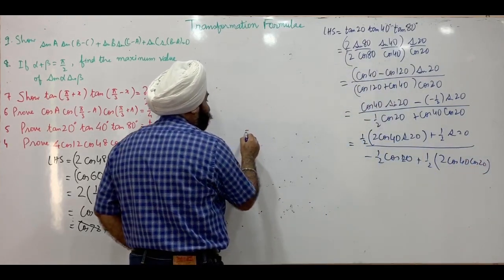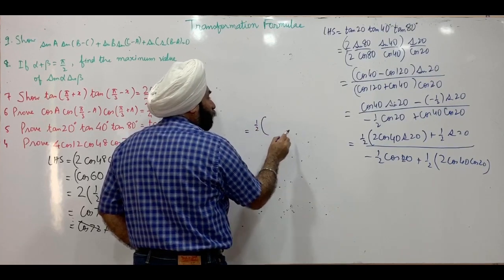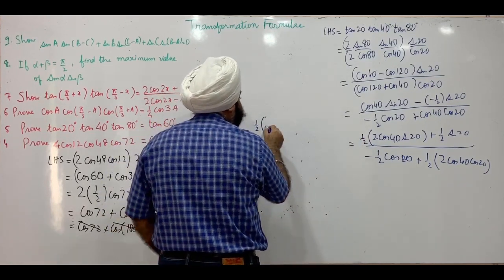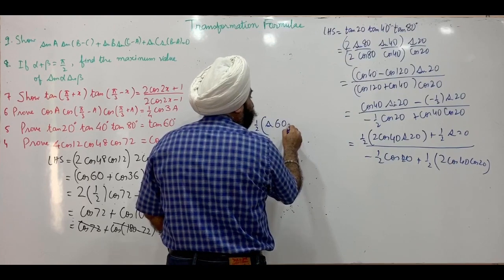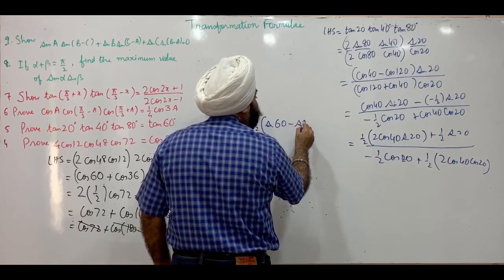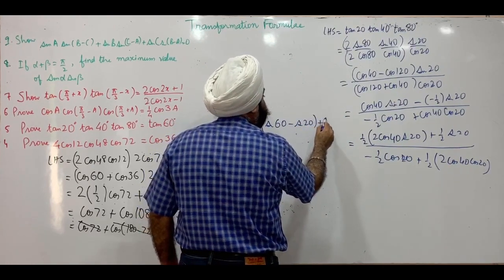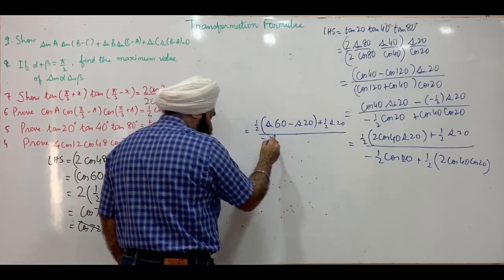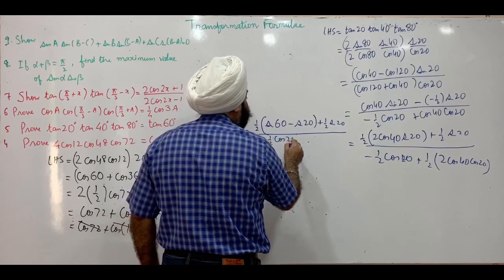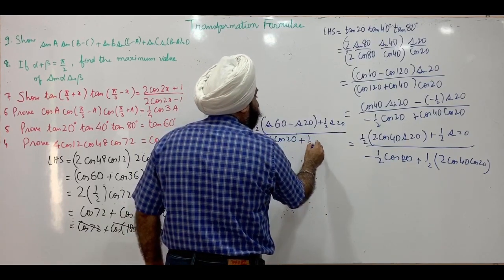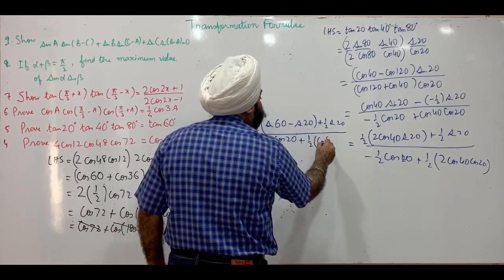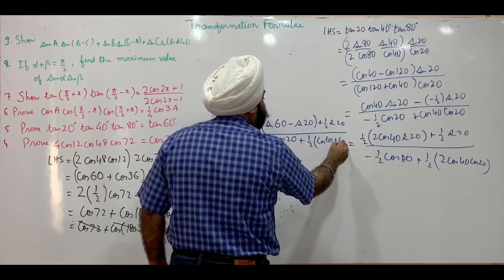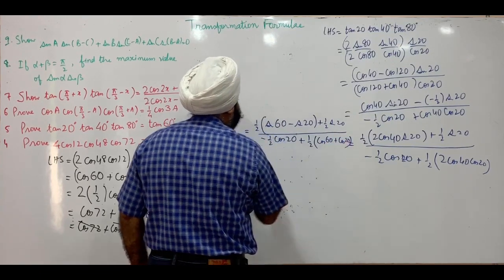This can be written 1 by 2, 2 cos A sin B. This is sin 60 minus sin of 20 degrees plus 1 by 2 into sin of 20 degrees minus 1 by 2, this is cos of 20 plus 1 by 2, this is cos of 60 plus cos of 40 minus 20, that is 20.